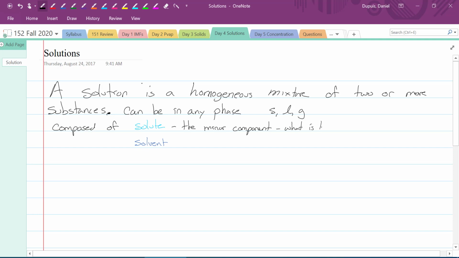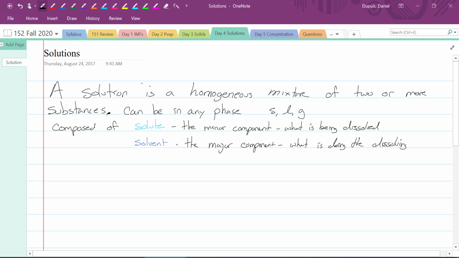What is being dissolved. So it's present less. You have less of it in terms of moles. The solvent would be the major component. What is doing the dissolving.